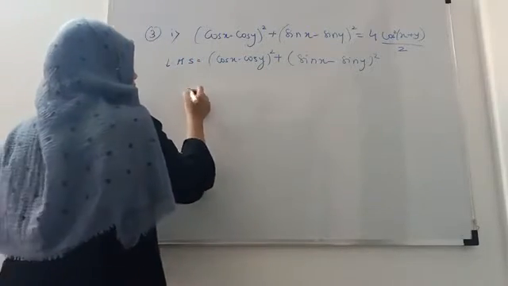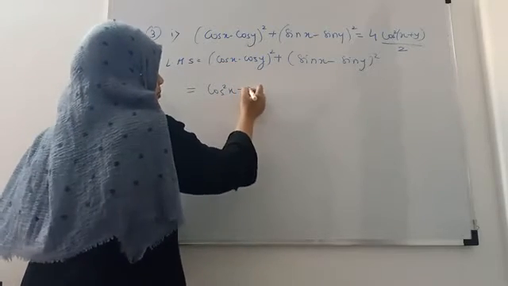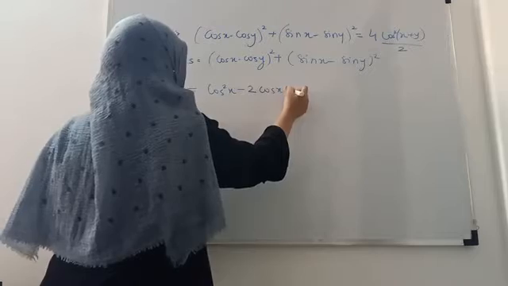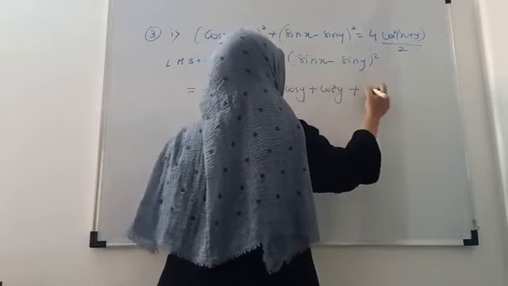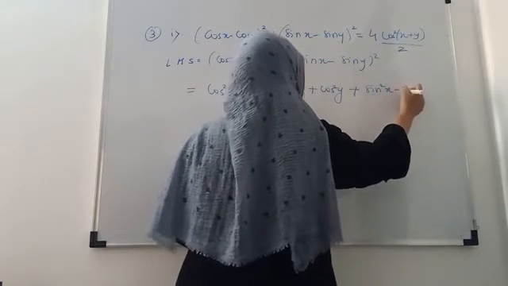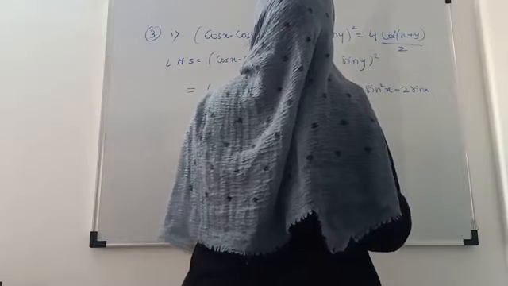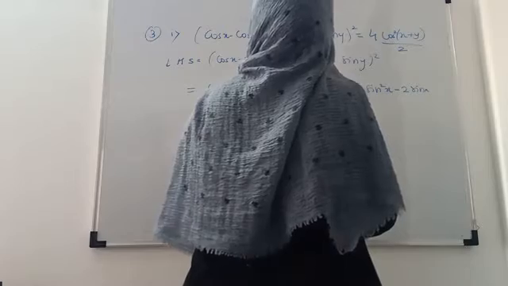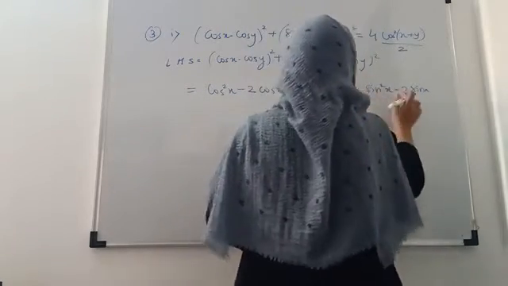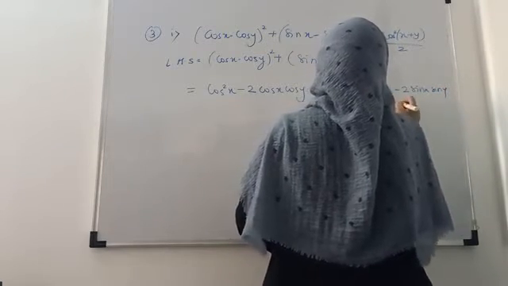So the formula is a square minus 2ab plus b square: cos square x minus 2 times cos x cos y plus cos square y, plus here sin square x minus 2 times sin x sin y plus sin square y.